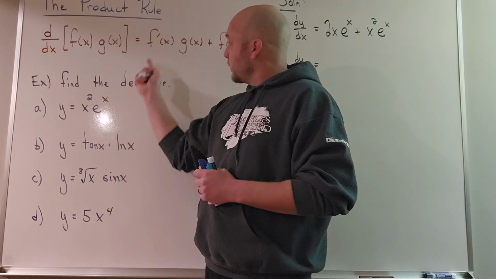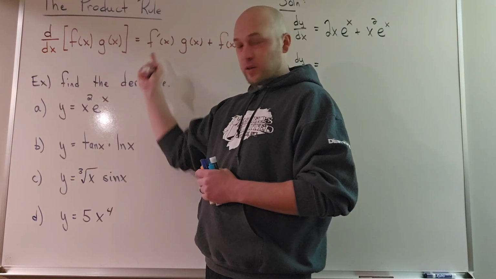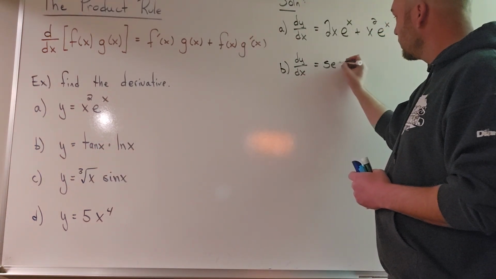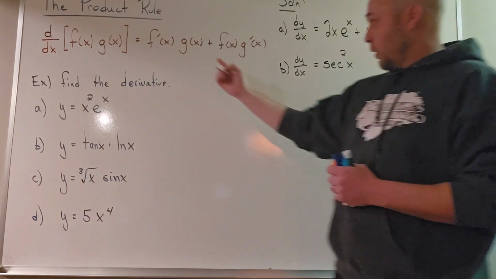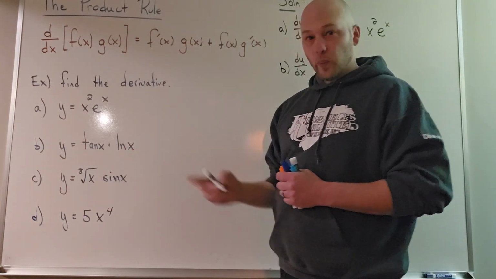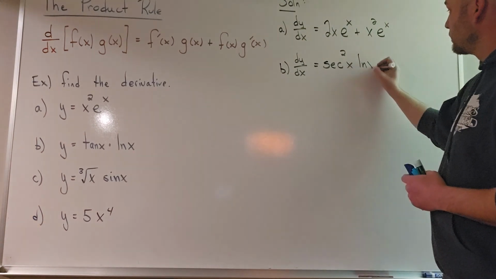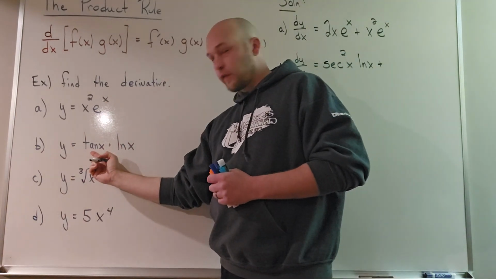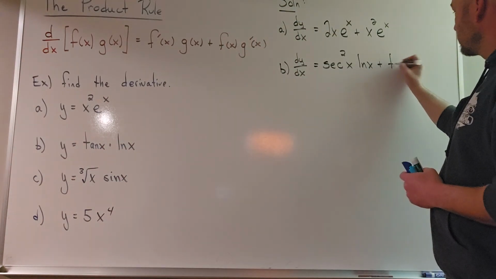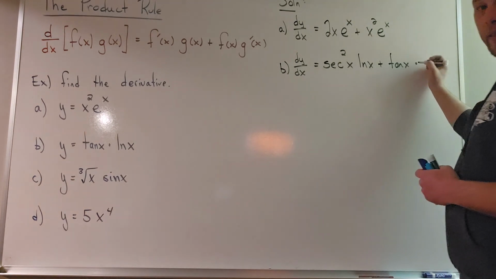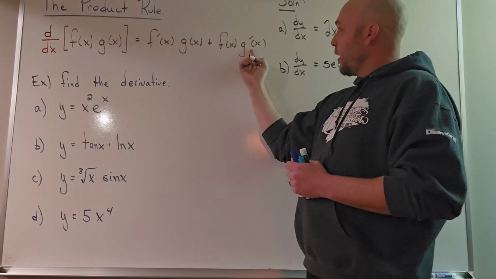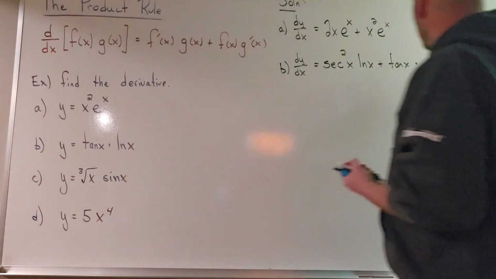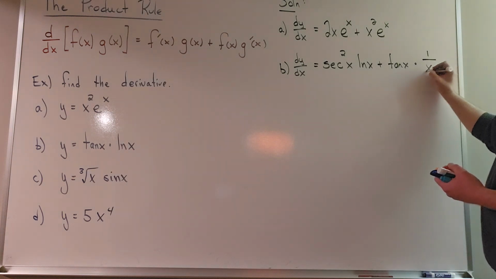The first thing we do is take the derivative of the first factor, and the derivative of the tangent is the square of the secant, multiplied by the second factor, which is the logarithm, plus the first factor, f of x, so in other words, tangent, and then I'll multiply by g prime, which is the derivative of the second factor, the natural log, and the derivative of the natural log is the reciprocal of the input.